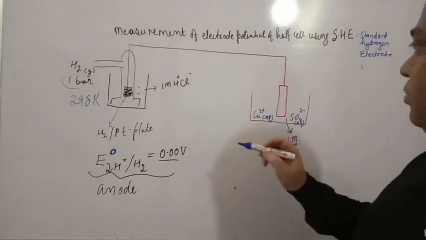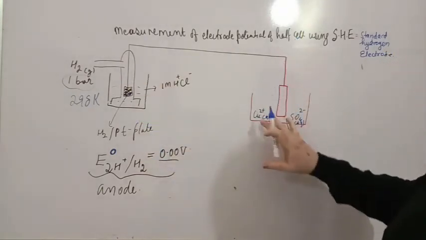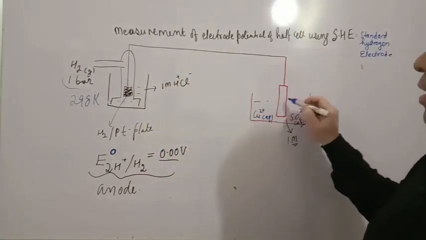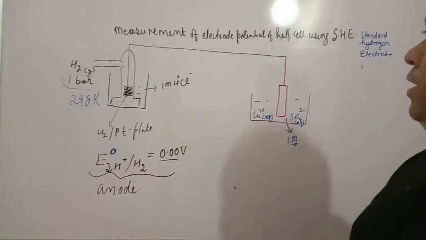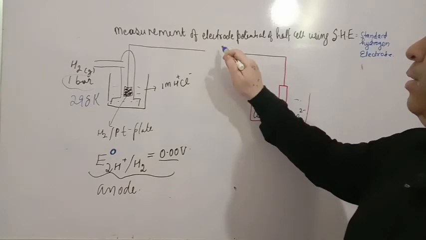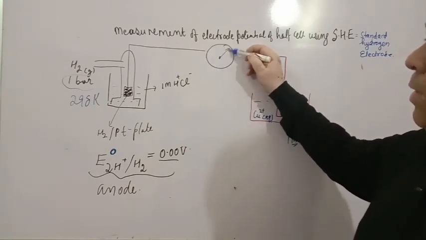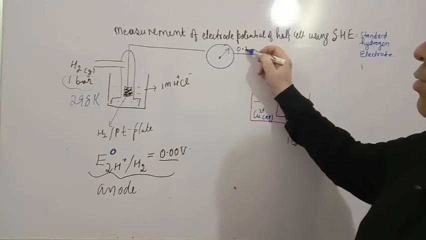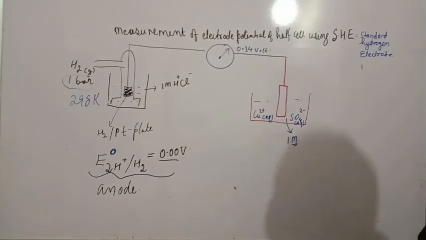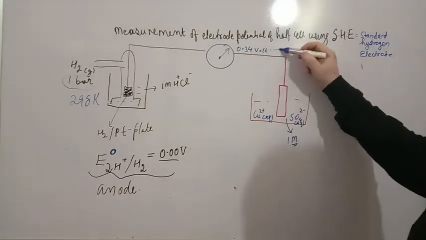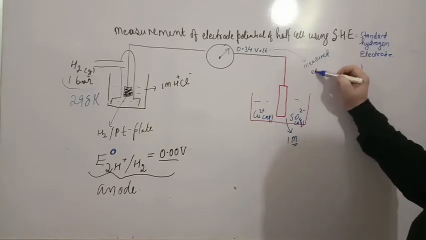So when we couple the standard hydrogen electrode with any half cell, and measure the EMF of the cell with the help of a voltmeter, we will see that the voltmeter gives a value of 0.34 volt. This is determined experimentally.